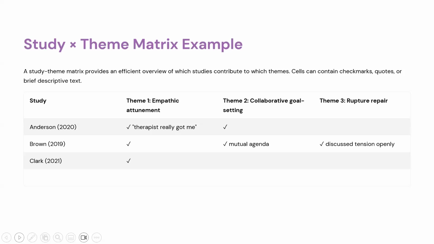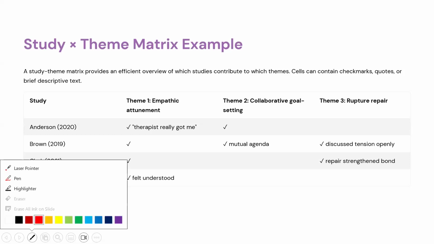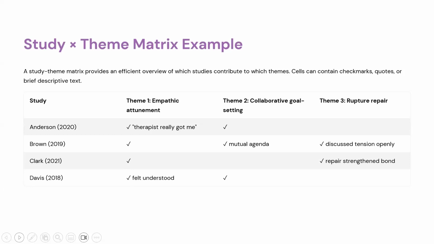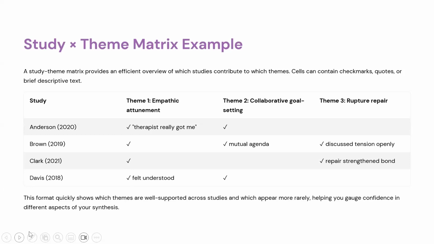We see that it also checks off for the first theme and for the third theme as well in terms of repair of strengthened bond. And then finally, we have a fourth paper by Davis from 2018, which also checked off the first theme under the label of feeling understood. It also checked off the second theme, and it did not meet the criteria for the third theme.